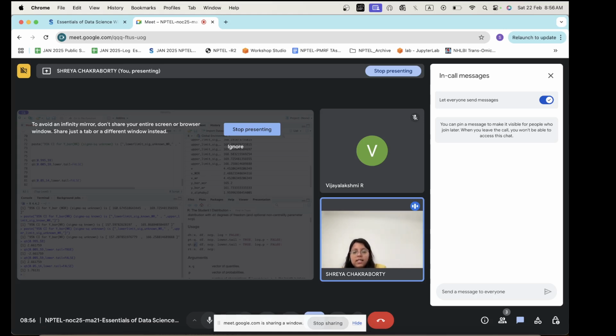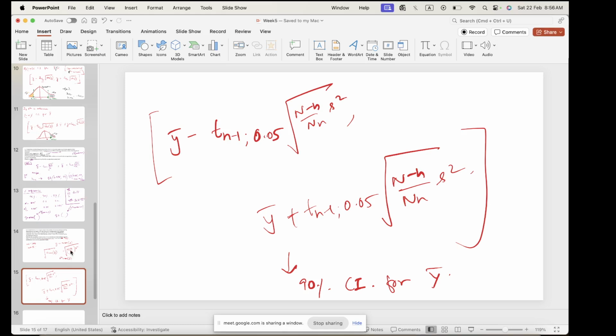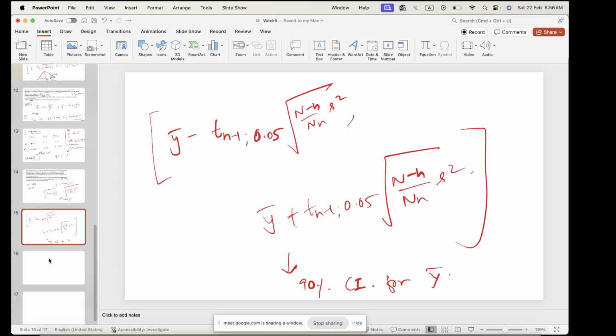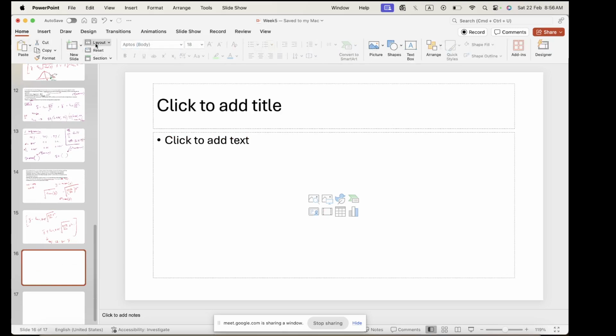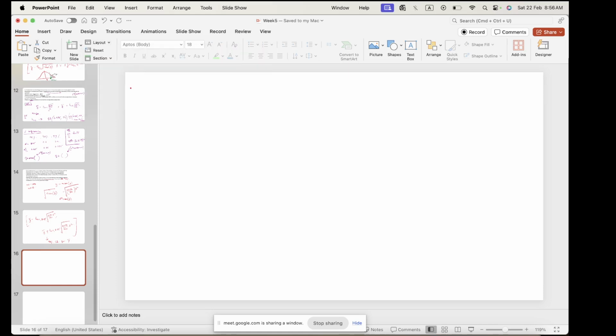So this was an estimate of population means. Whenever I would like an estimate of population total, Y equal to summation yi, or N y bar.